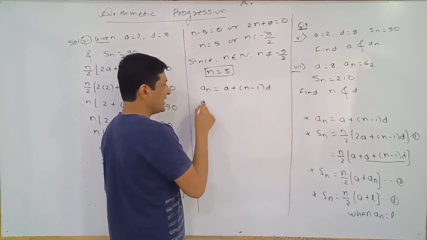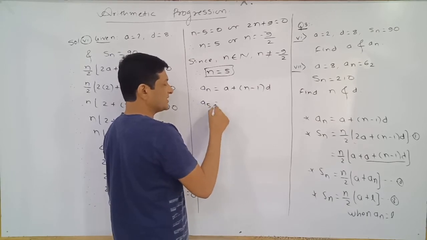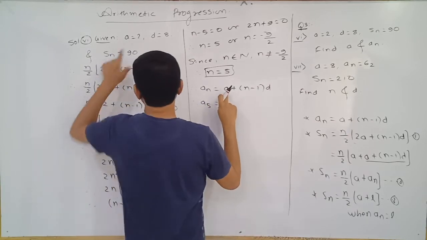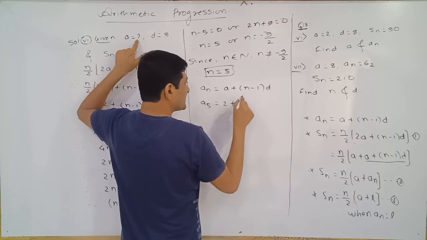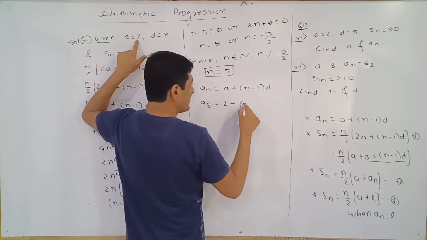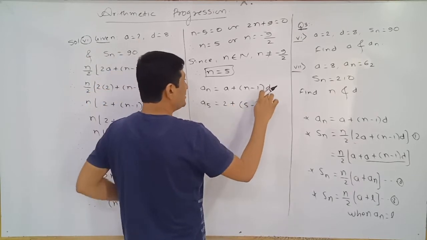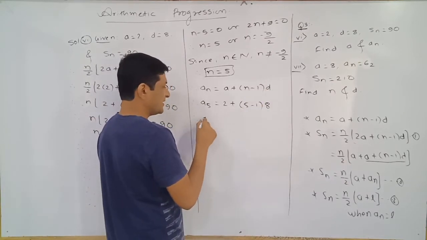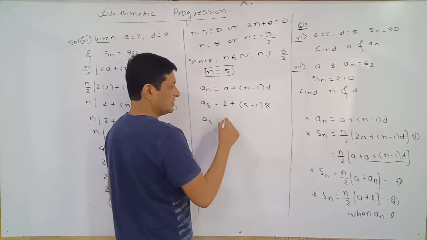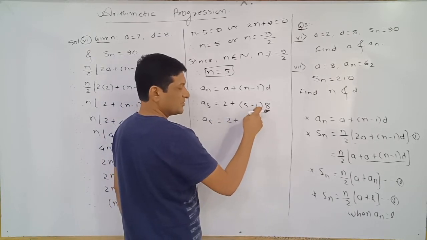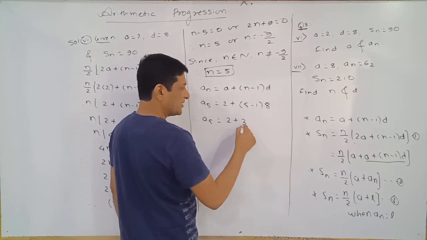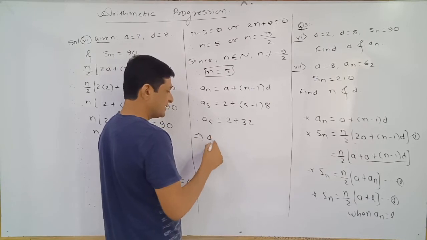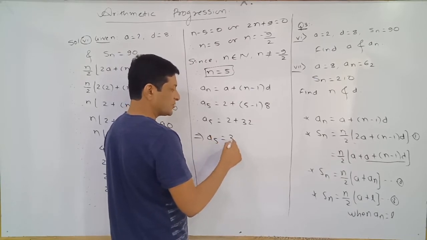So therefore, replacing n by 5, a5 is equal to a, what is the value of a here? 2, plus n I am replacing by 5 minus 1 into d, which is 8 here. So therefore a5 is equal to 2 plus 5 minus 1 is 4, 4 8s are 32. So this implies that a5 is equal to 34.